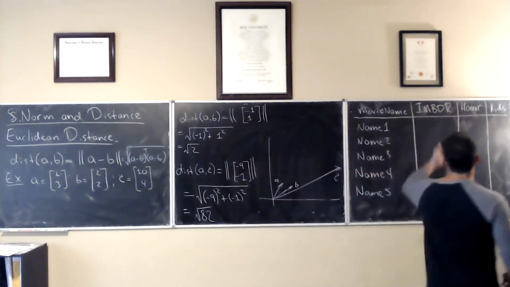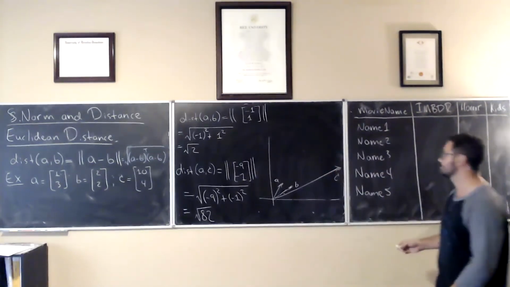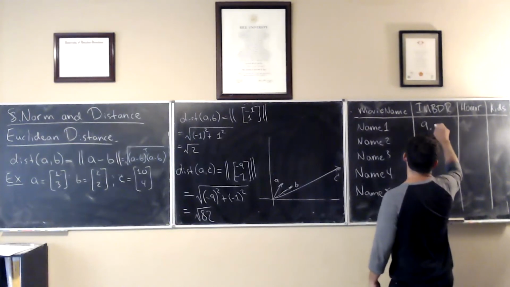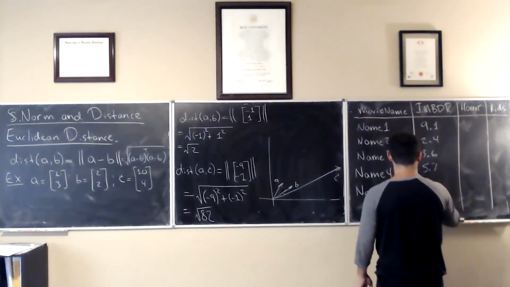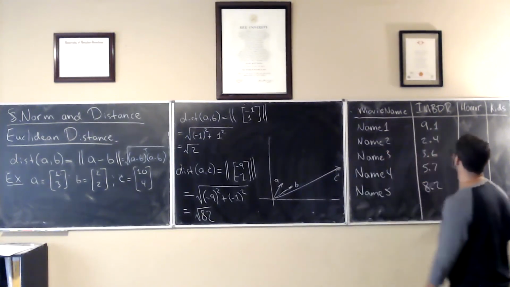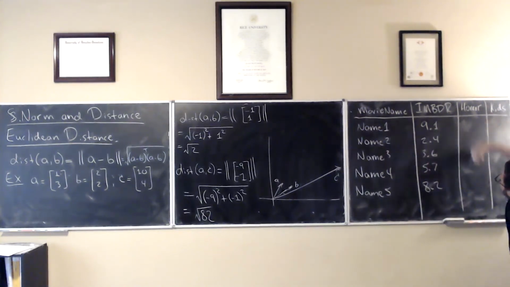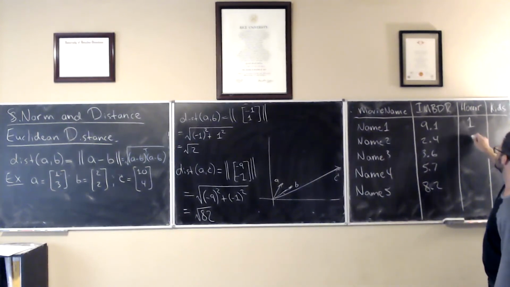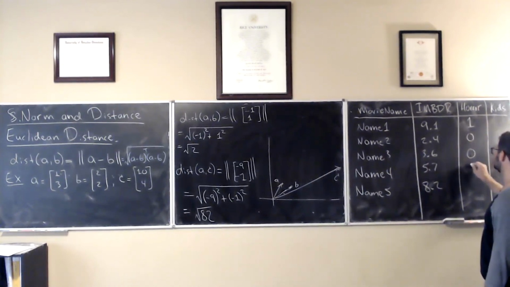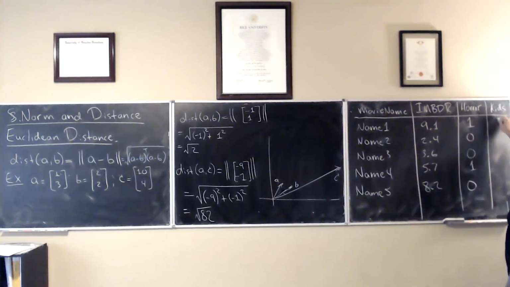And then we have some rating, however you want to make the numbers, like 9.1, 2.4, 3.6, 5.7, 8.2. And then you have another entry: this was a horror, this was not. 1, 0, 0, 1, 1. Maybe they mix up a little bit, something like that.